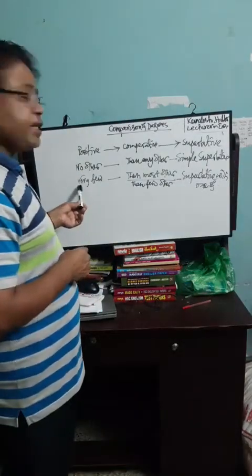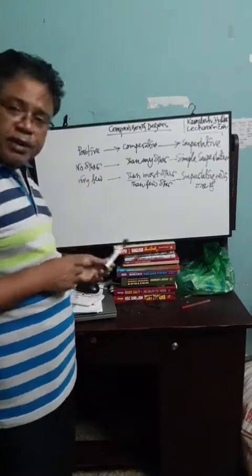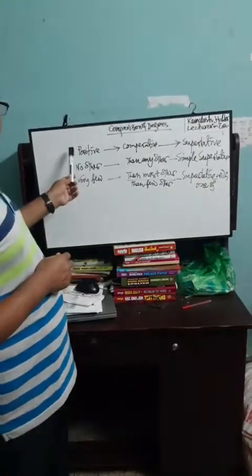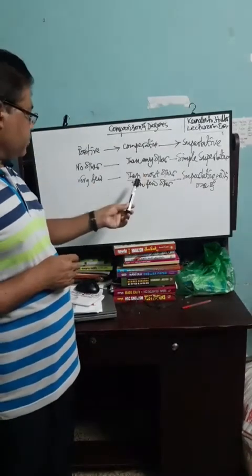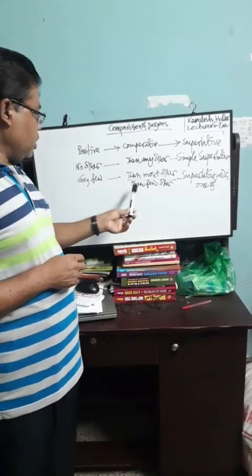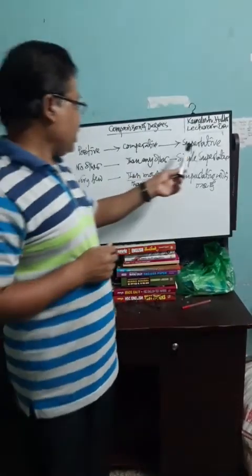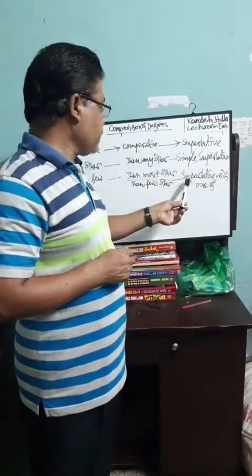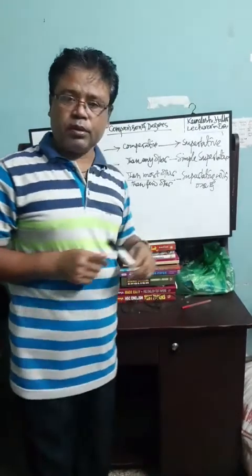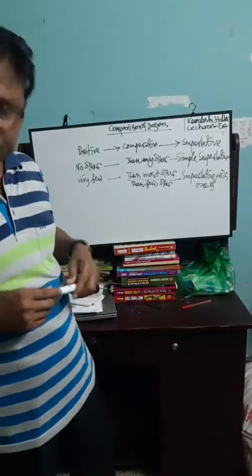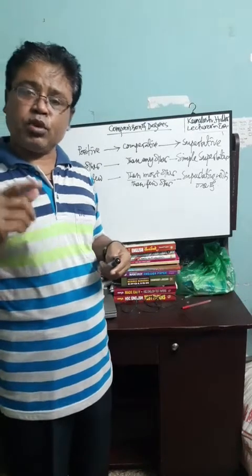In the next line, in the positive column, we write very few. In the comparative column, than most other, or than few other, or than less other. And in the superlative column, superlative with one of. There are two kinds of superlatives: a simple superlative and a superlative with one of.